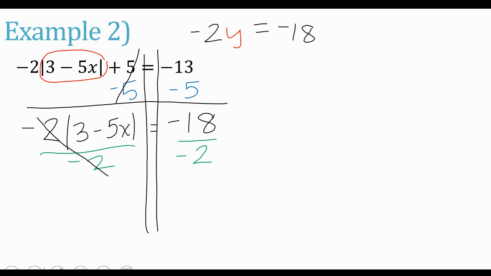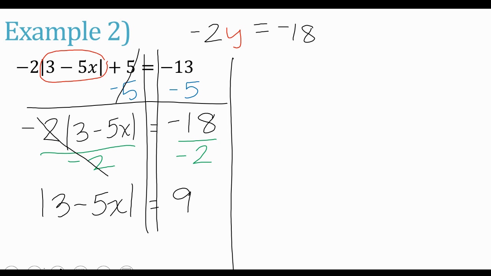So that's going to cancel out here. So we're left with 3 minus 5x in our absolute value bars. And then negative 18 divided by negative 2 is a positive 9. Okay, now our isolation is done. The absolute value bars are by themselves on one side of the equal sign with nothing outside of them, just some stuff inside of them.